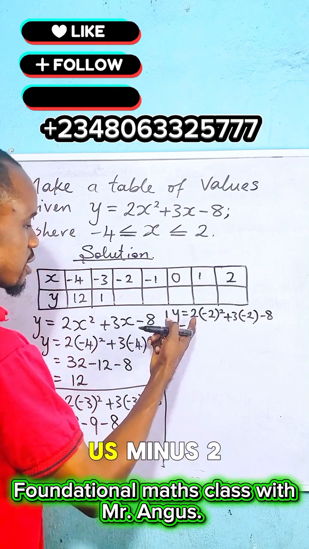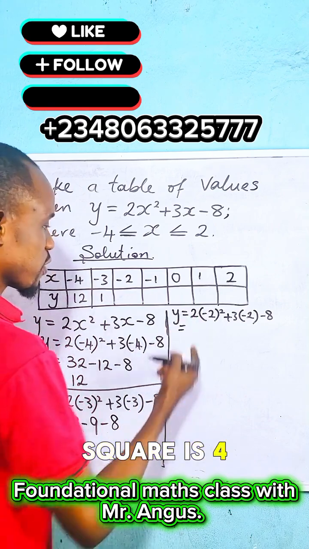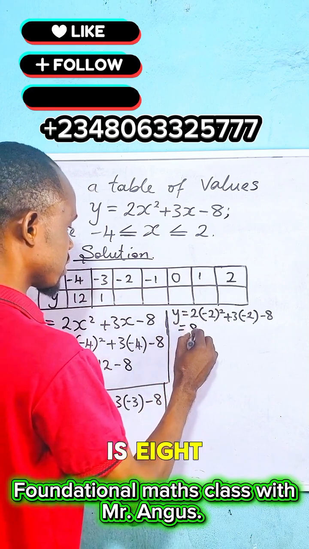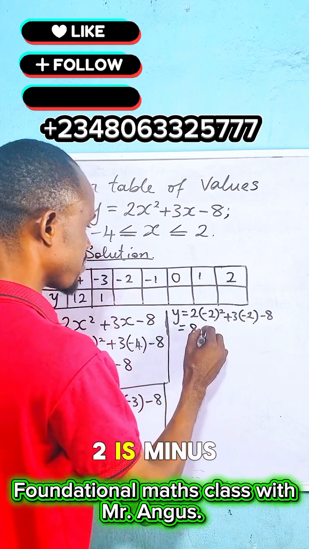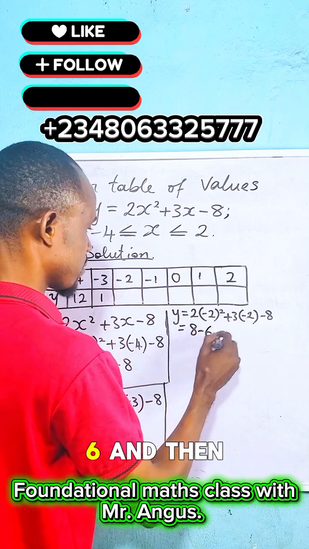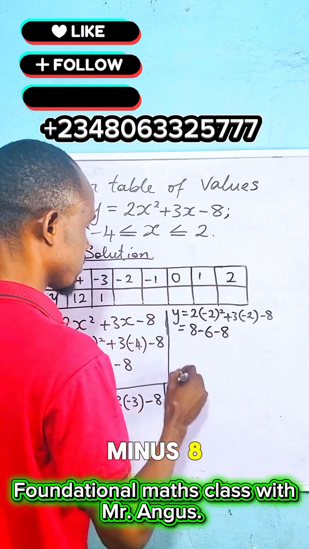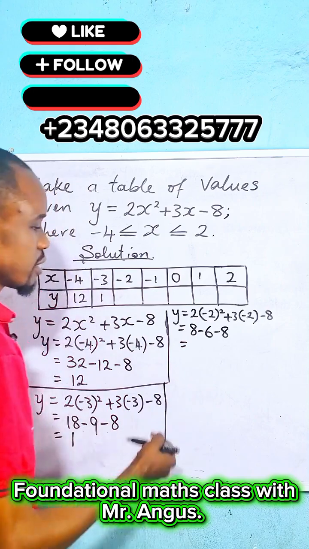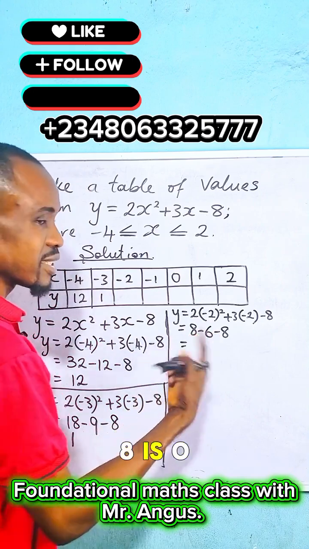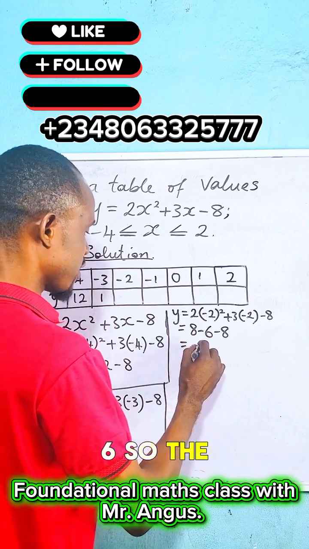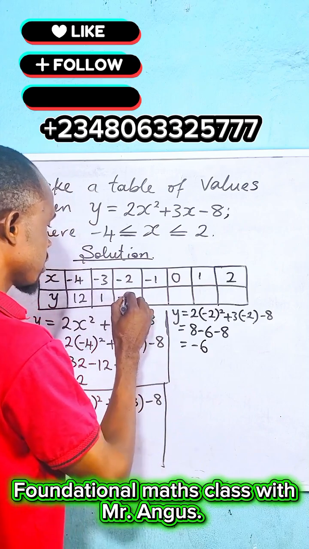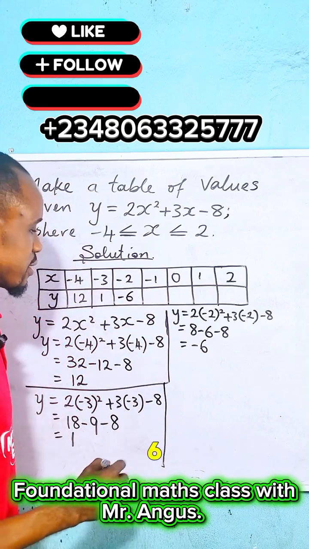And this gives us minus 2 squared is 4. 4 times 2 is 8. 3 times minus 2 is minus 6, and then minus 8. You can see that 8 minus 8 is 0. 0 minus 6 is minus 6. So the value here is minus 6. And here we are having minus 6.